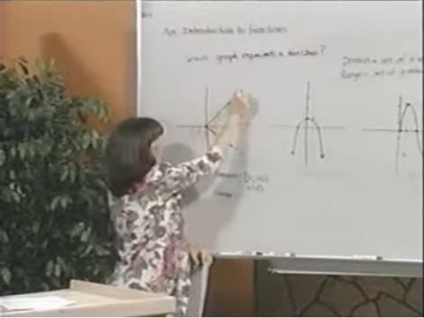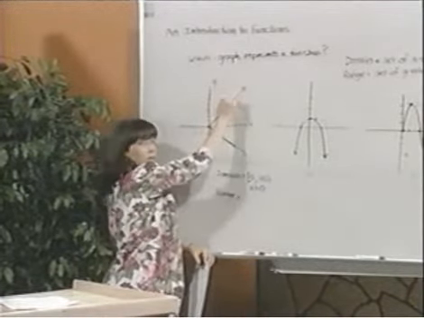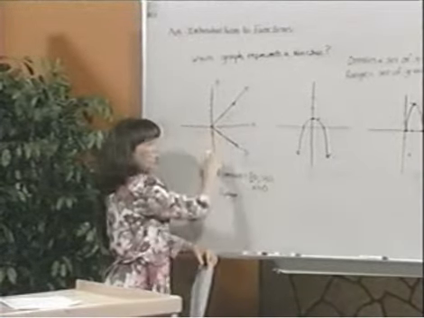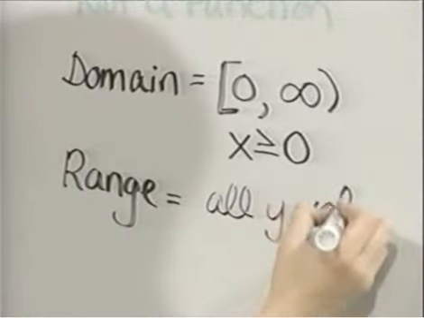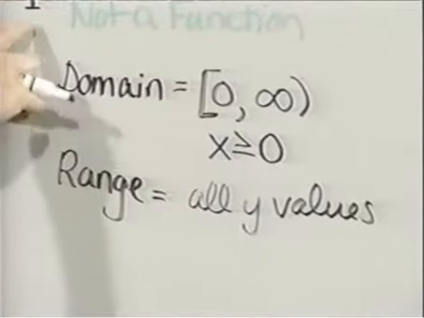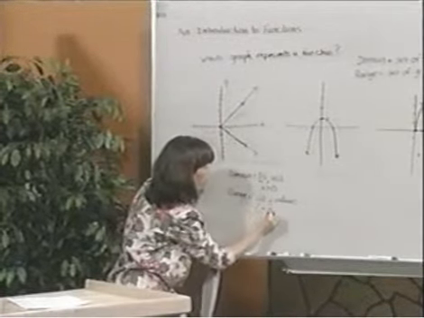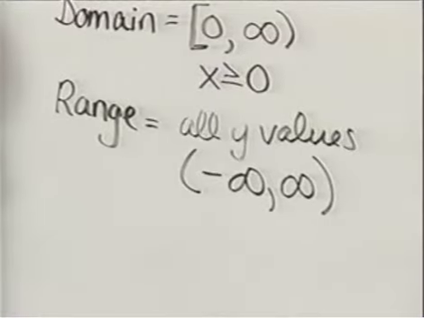And as you go up the y-axis, you will find y values that correspond. So our range for this picture is all y values possible. And what are all the y values possible? It's everything from negative infinity to positive infinity. So another way to write that is in interval notation, negative infinity to positive infinity.